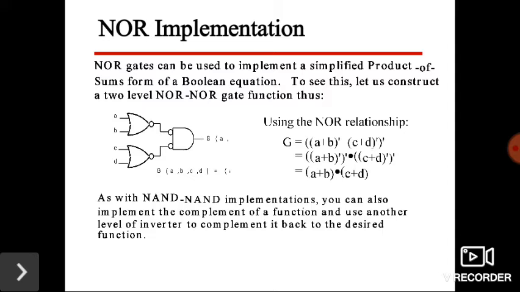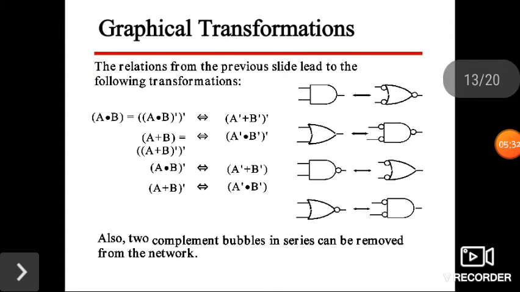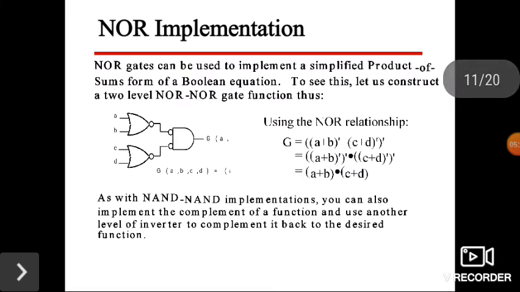Then NOR implementation. NOR gates can be used to implement a simplified product of sums form of an equation. To see this, let us construct a two-level NOR to NOR gate function.